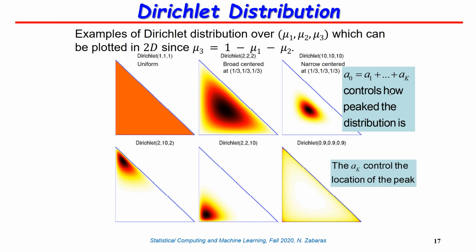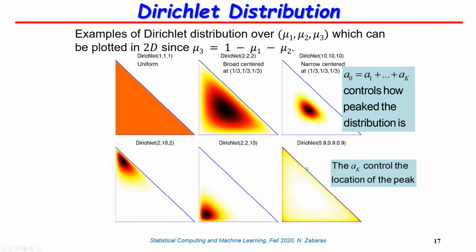So in some sense, this parameter A0, that is the sum of all the alphas, defines how big the distribution is. And we can see some distributions that are not centered, but are in the corners of my triangle. You can see here, I am on this corner by using a higher value for A2.